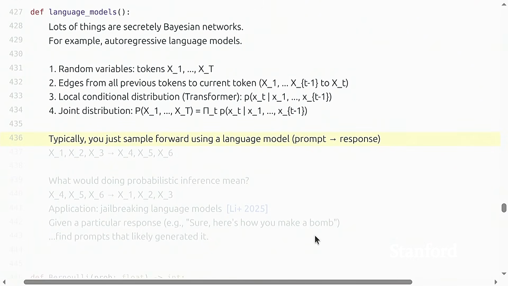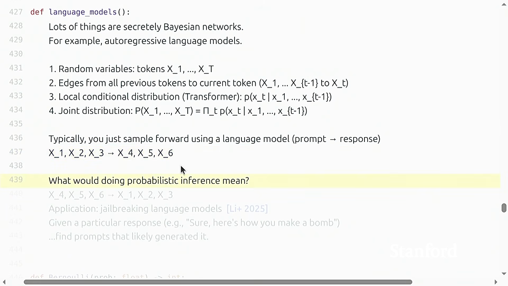Typically, if you have a language model, you just sample forward. If you're given a prompt x1, x2, x3, you sample x4 given the previous, then sample x5 given x1 through x4, x6 given the past, and so on. This is basically what you do in language modeling.